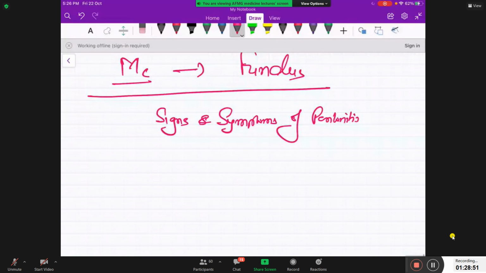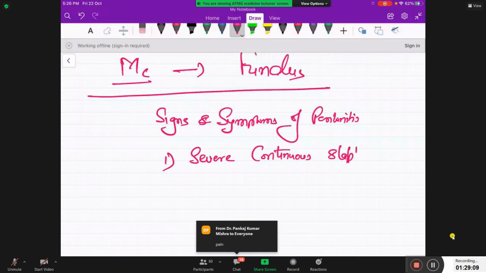Now, what are the symptoms of peritonitis here? What will be the symptoms here? Tell me. Severe continuous type of stabbing pain in whole abdomen or generalized abdomen.